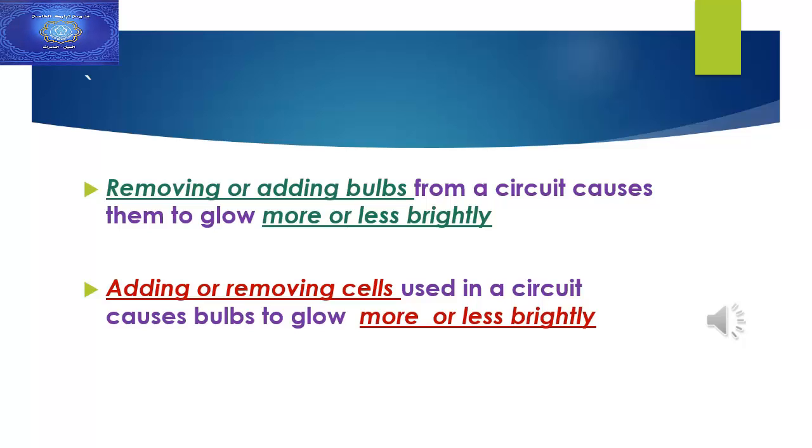It will glow more. While if you add more bulbs, the light becomes dimmer. In the same way, the more cells used in a circuit, the brighter the light becomes. If you remove a battery from the circuit, what happens? The light becomes dimmer. Understand?